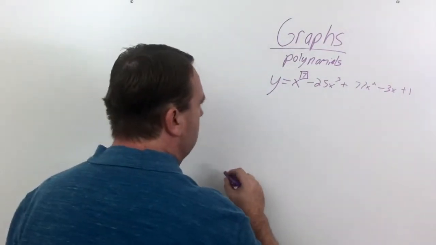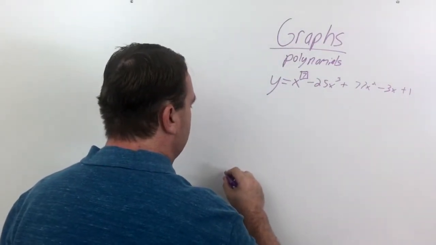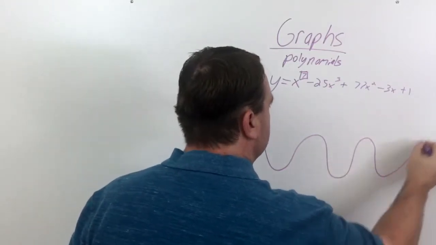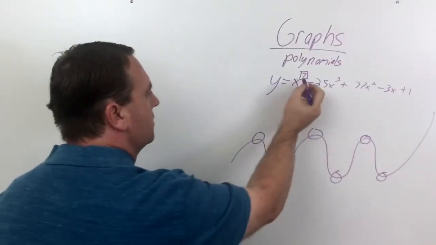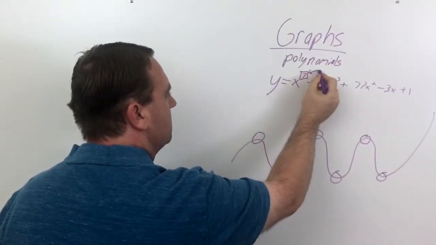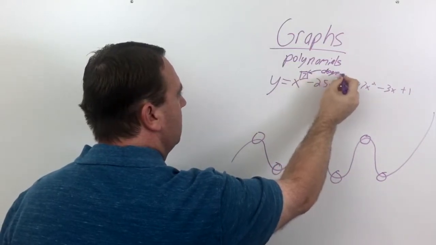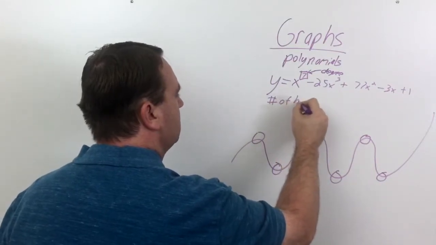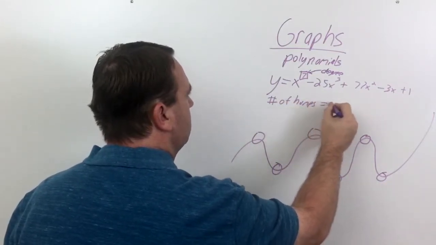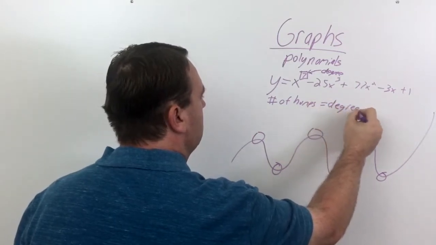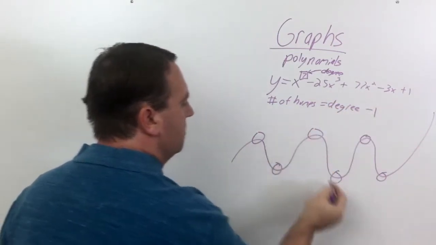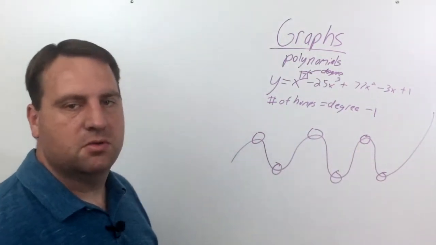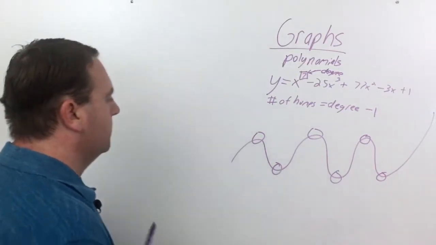So it could graph something like 1, 2, 3, 4, 5, 6. So the highest exponent is known as the degree. And so the number of humps equals the degree minus 1. So 1, 2, 3, 4, 5, 6. And that is the most number of humps that a 7th degree polynomial can have. Okay?